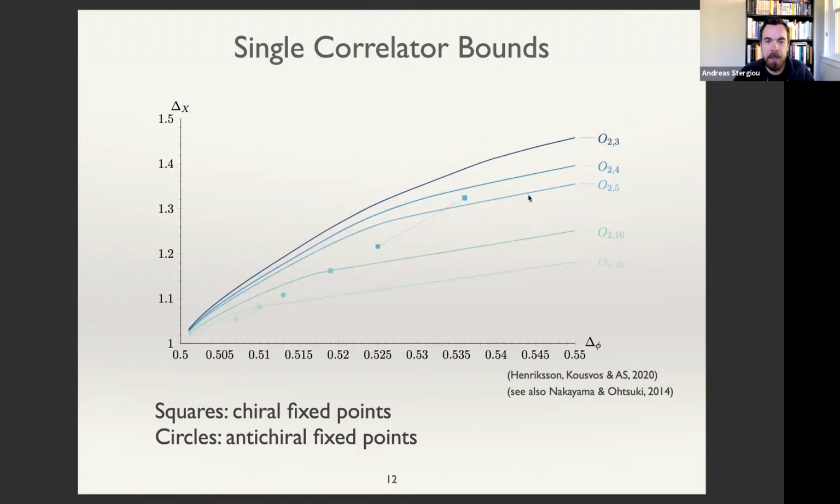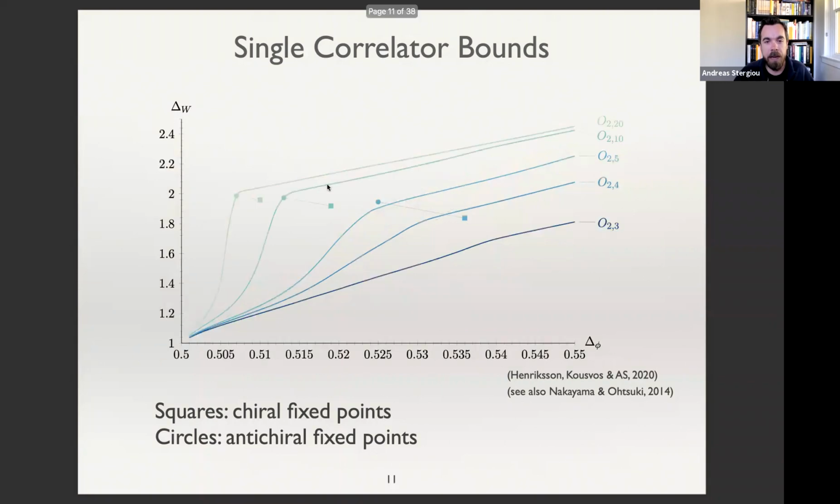If you look at the X sector, the kinks are much milder, although there are these qualitative changes in the shape, where this is linear and before here it's curved. So there are still signs of fixed points here, but certainly from the W sector, which is saturated by the antichiral fixed points, the signs are much more clear.